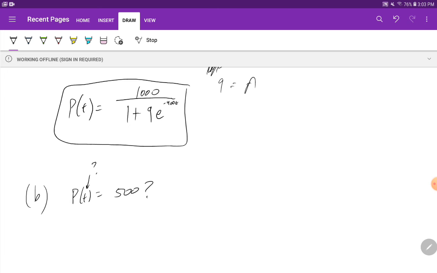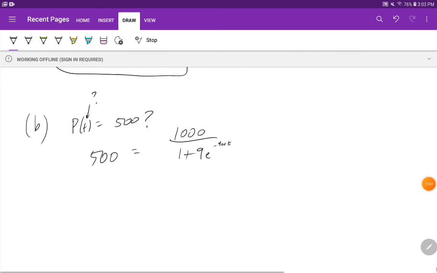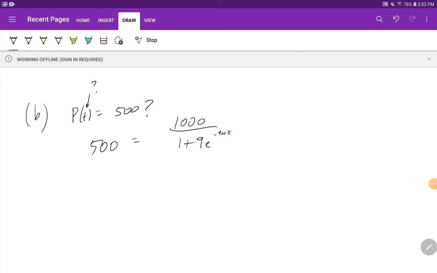So we plug in 500 as the output, and we use our particular solution that we found in part A. And we see what we get. So I just got to solve for t here. Looks like this is 2 equals 1 plus 9e to the negative 400t. Right? I just multiplied both sides by the denominator and divided both sides by 500.